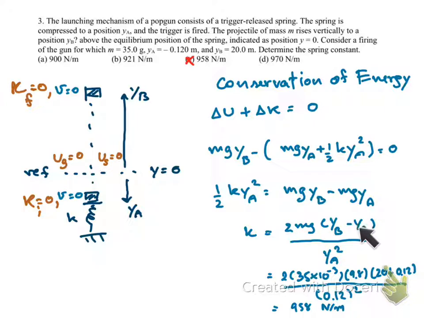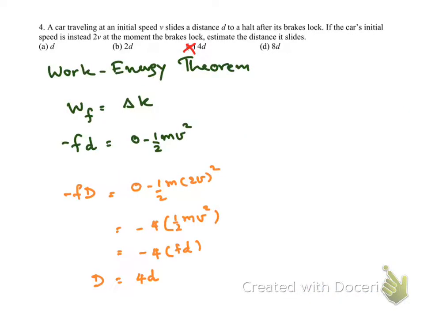And please notice that here YA is negative, so this changes to be the positive side here. And then we calculate the numeric result, which gives k equal to 958 Newton per meter, and we have the solution here. Okay, that is for the question 3.